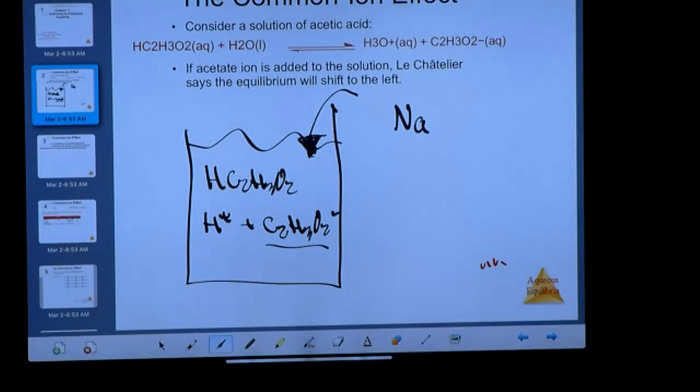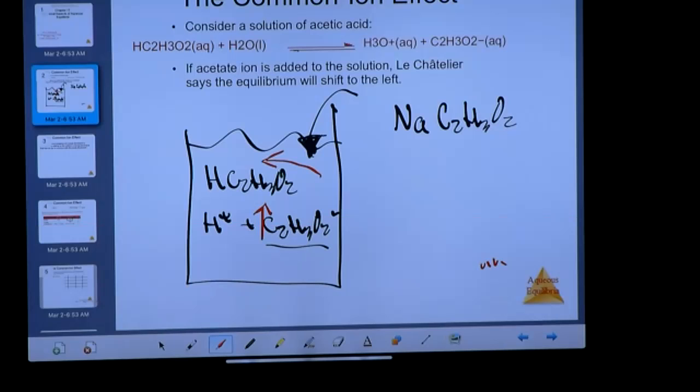So I have NaC2H3O2, and I put it in there. It causes an increase in the amount of this, right? And so if the amount of acetate ion is increased, Le Chatelier's principle says I come back towards the acetate or acetic acid. Who's with me on that part so far?